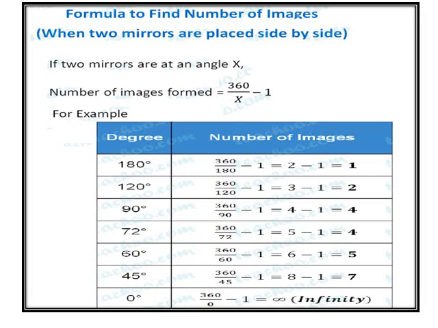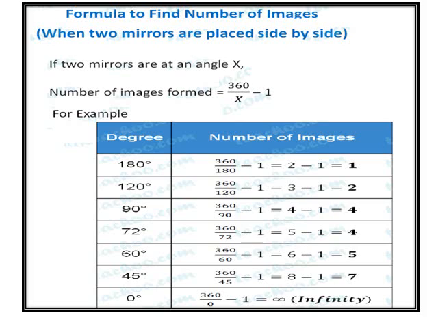We get only one image. Whereas if the mirrors are turned to an angle 120, substitute the value of x as 120 in the above formula and simplify, you get 2. So that means when the mirrors are inclined at 120 degrees, then we get 2 images.